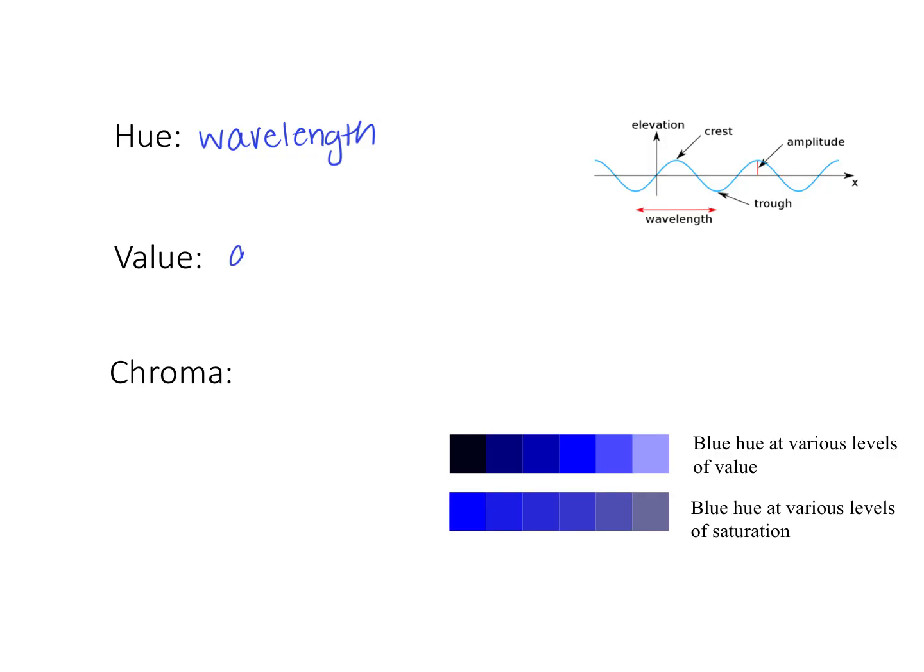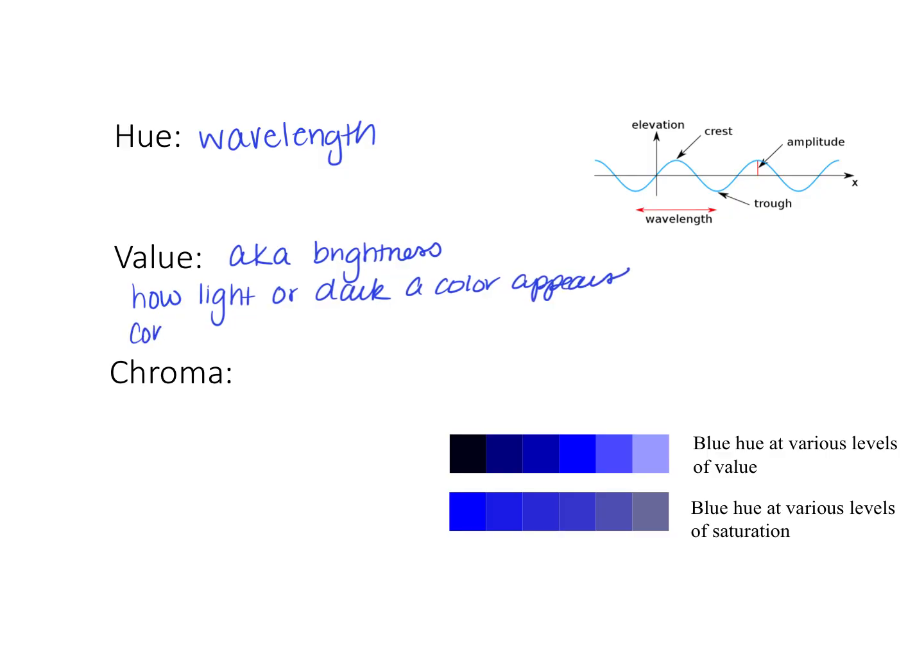Now, value is also known as brightness, and that's the term used by artists to describe how light or dark a color appears. It corresponds to the amplitude of the wave. Remember, amplitude is shown here. It's the distance from about half the wave to the top.